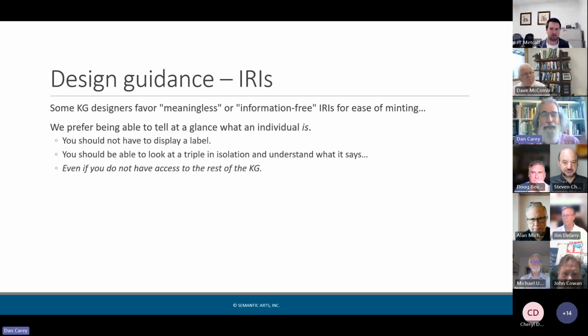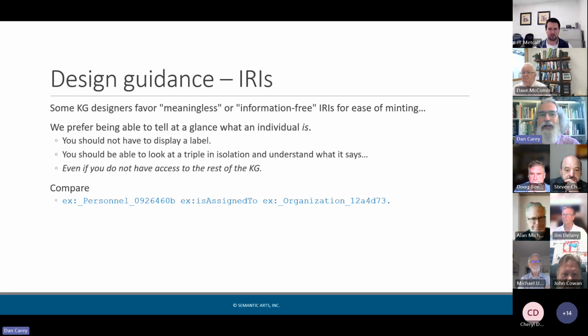If you're looking at one of these information-free or anonymous IRIs, and you don't have access to the knowledge graph, and there's no label provided, you don't know anything. You know nothing about it other than, oh, well, that's an IRI. So that's why we like to go with this sort of information-rich IRI approach.